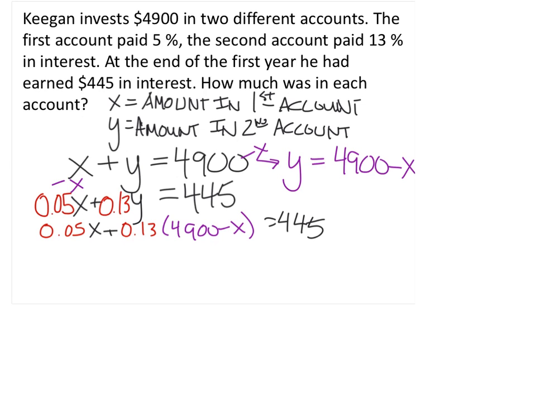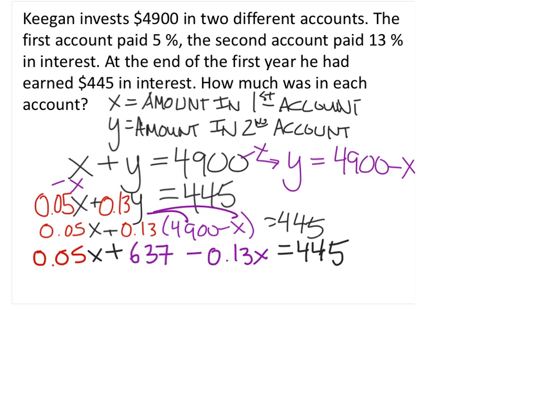So I'll move this over to give myself a little bit more space. Now we're going to distribute that 0.13 into the parentheses. You can see from the distribution, 0.13 times 4,900 is 637. 0.13 times the x is 0.13x, and that would be considered a negative term there.